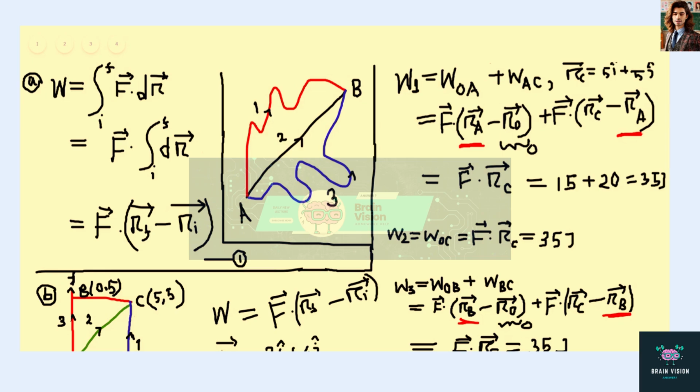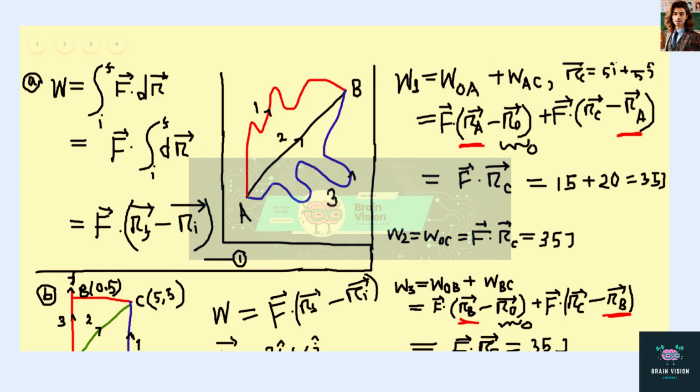Now I'm adding this diagram where A is my initial position and B is my final position. This equation means that work done depends only on the final position and initial position, no matter which path the object follows to go from initial position to final position.